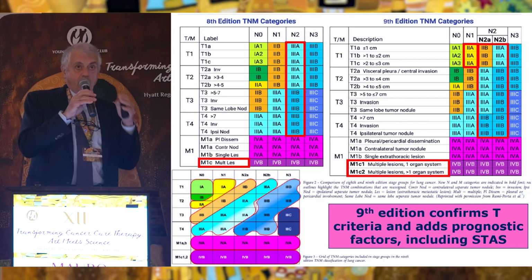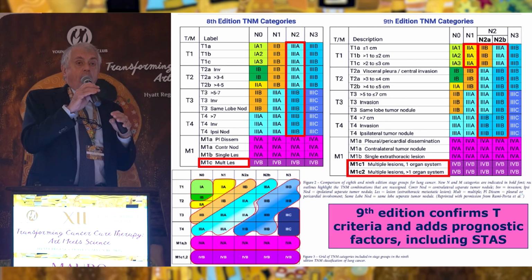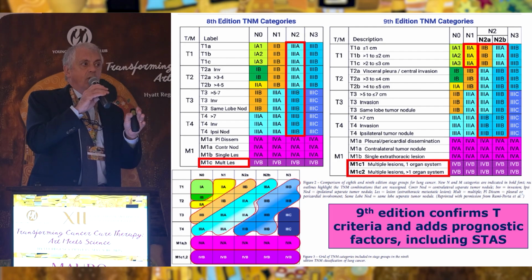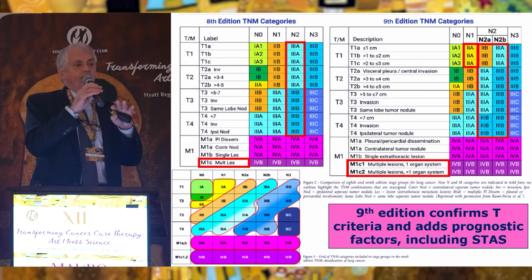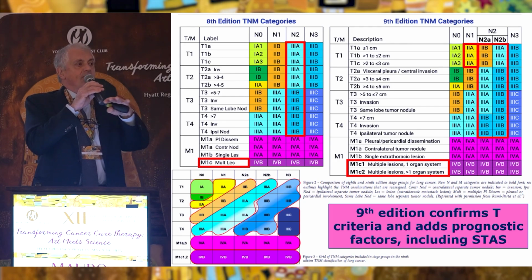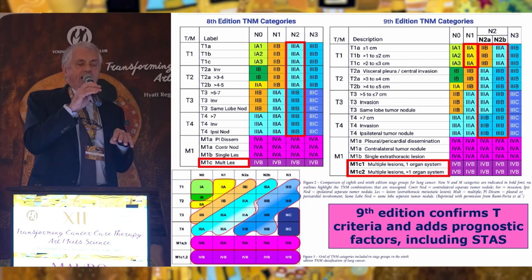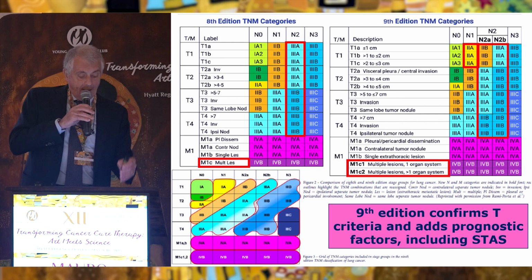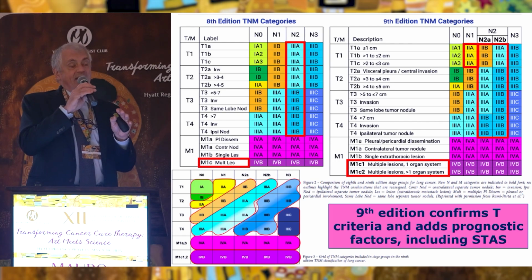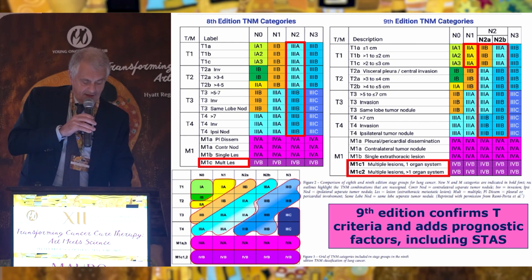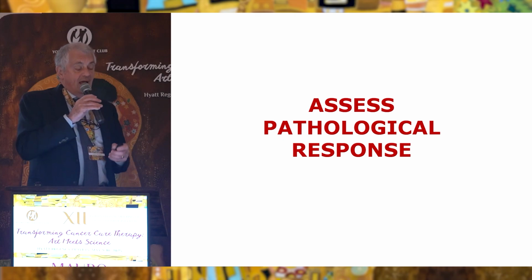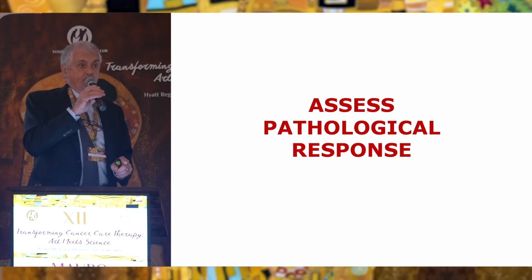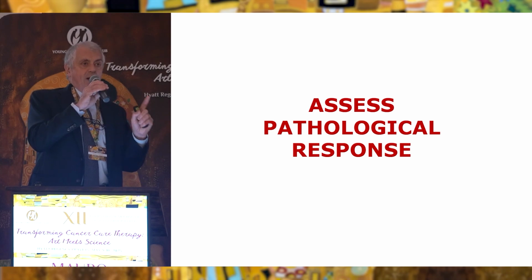And in the future, there will be an additional role of morphological parameters like STAS, which is spread through alveolar spaces, a sort of microinvasion in normal alveoli around the tumor, which will now be included in the staging system rather than in the morphological definition.